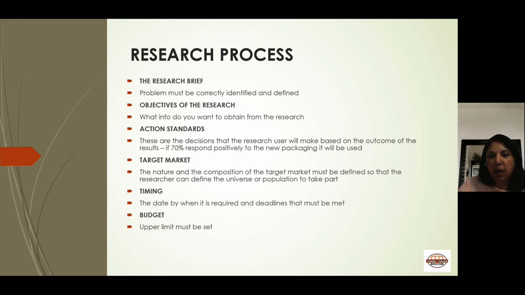Okay, target market is your stakeholder and stakeholder mapping. So very important to do this: the nature and composition of the target market must be defined so that the researcher can define the universe or population to take part. When you're doing your stakeholder mapping, be very clear in terms of how you do this.